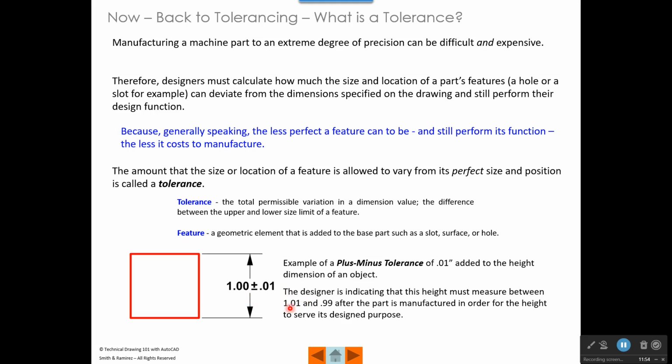We arrived at the 1.01 and the 0.99 by taking 1.00 and adding 0.01 to it, which got us to 1.01, and then also by subtracting 0.01 from it, which got us to 0.99. Anywhere between those two numbers that this part lands, and it will still pass inspection.